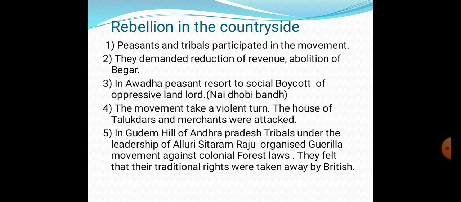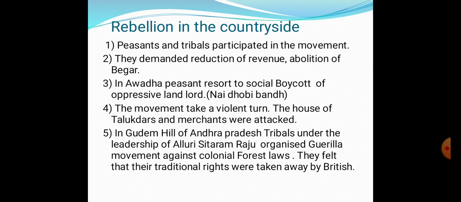Rebellion in countryside. The peasants and tribals participated in the movement. They demanded reduction of revenue, abolition of begar. In Awadh, peasants resorted to social boycott of oppressive landlords by Nai Dhobi Bandh.